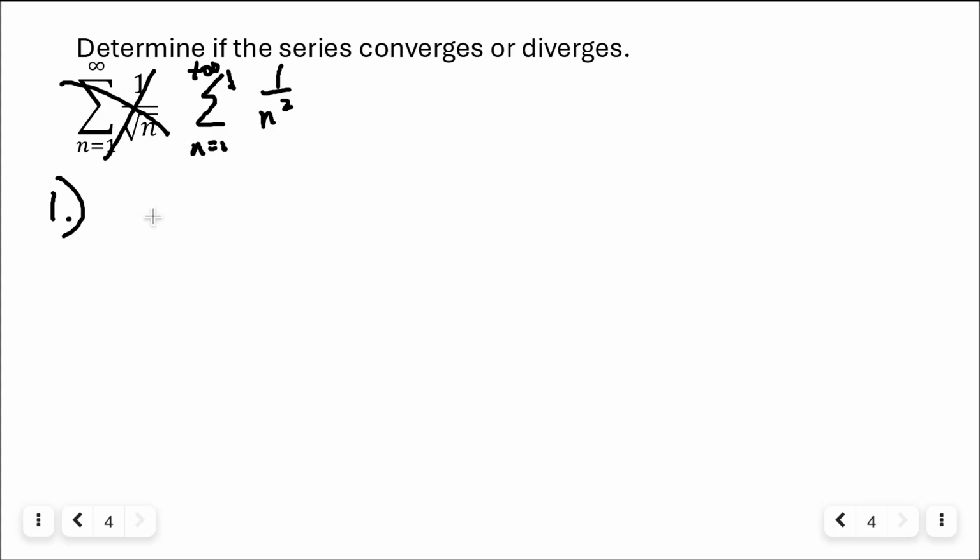So the first thing to use the integral test is, first of all, notice that this is not geometric, right? This is 1 over n quantity squared. That's not geometric, so we can't use the geometric series test. But here's what we can do. First of all, this thing is going to be positive.